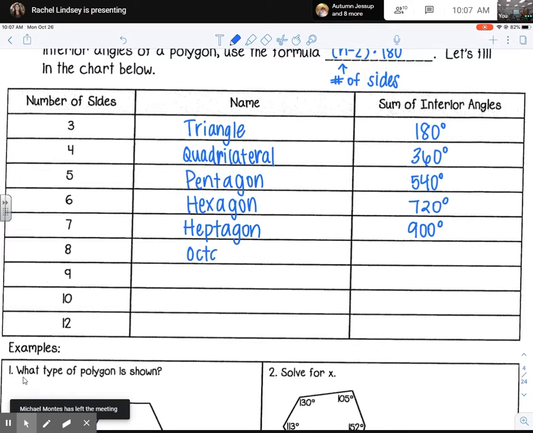Octagon. 8 minus 2 is 6. 6 times 180 is what? 1080. Anybody know the name for a nine-sided polygon? Nope. It is a nonagon. So 9 minus 2 is 7. 7 times 180 is what? 1260.